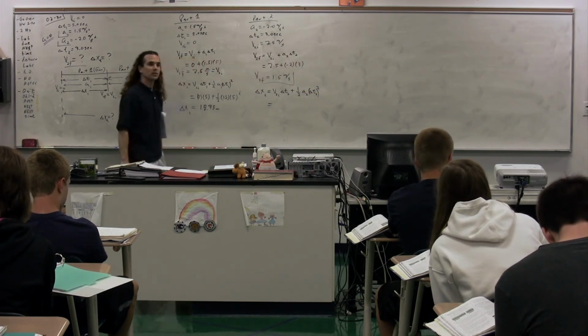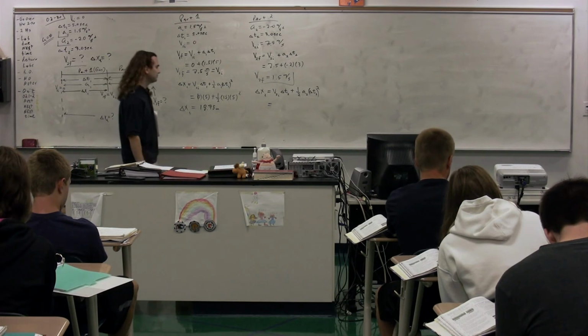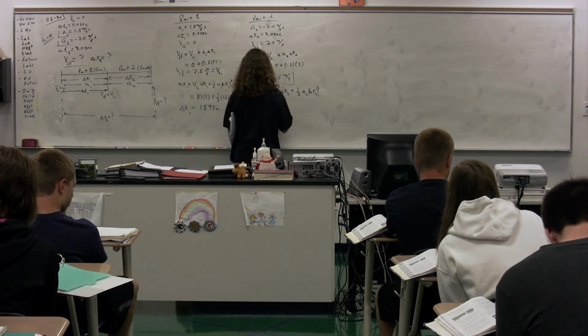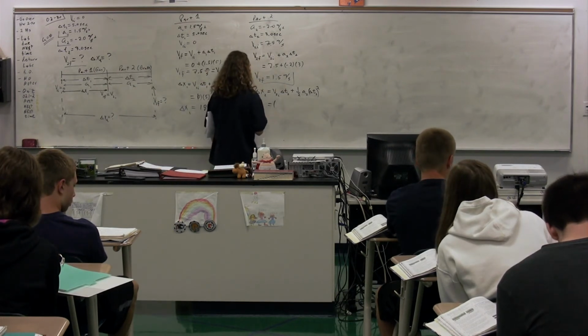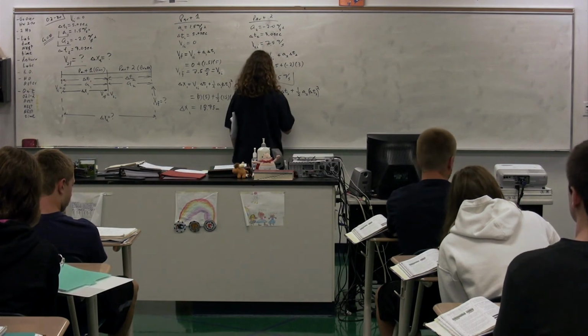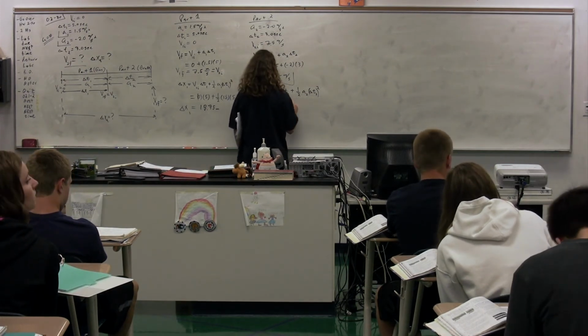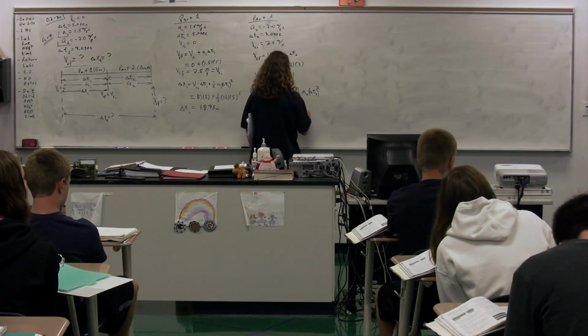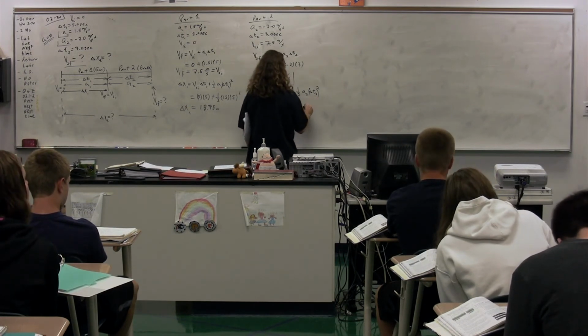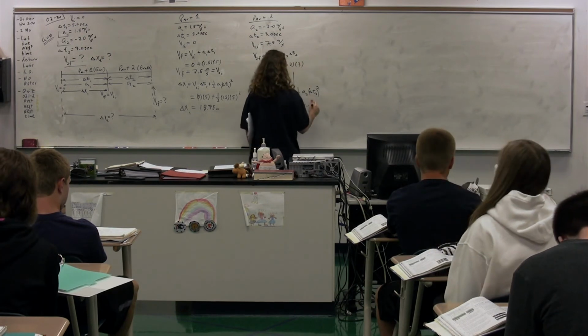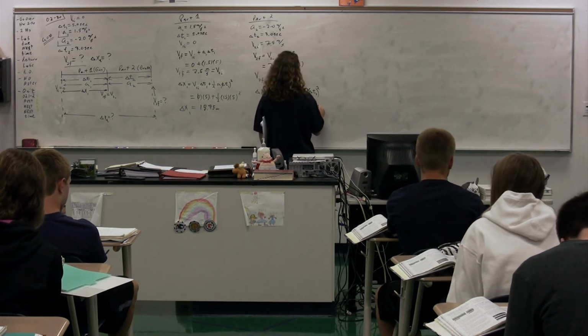What are all the numbers here, please, Kathy? 7.5 meters per second, velocity 2 initial, times delta t for part 2, plus 1/2 times the acceleration for part 2, -2, times the change in time for part 2, 3 seconds, it's 3 squared.